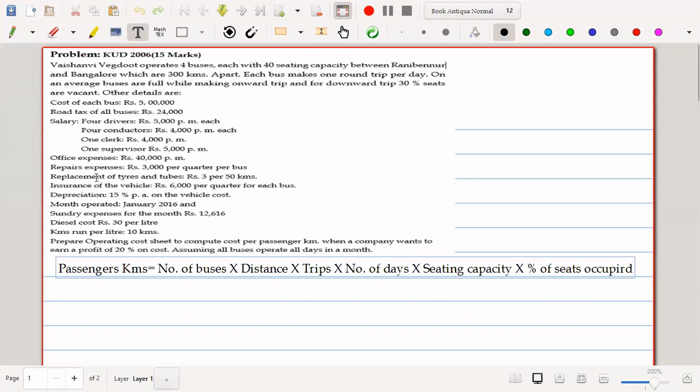Now we have two pieces of information here, that is onward trip and downward trip. So let us calculate the onward trip first.